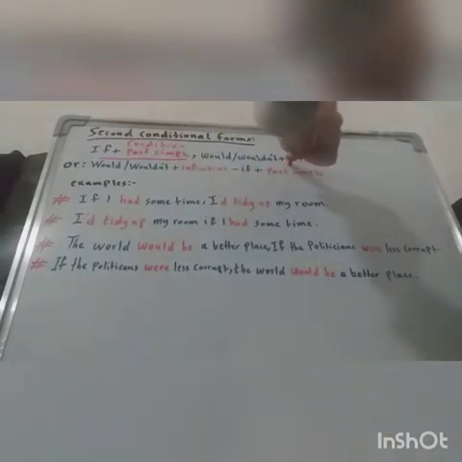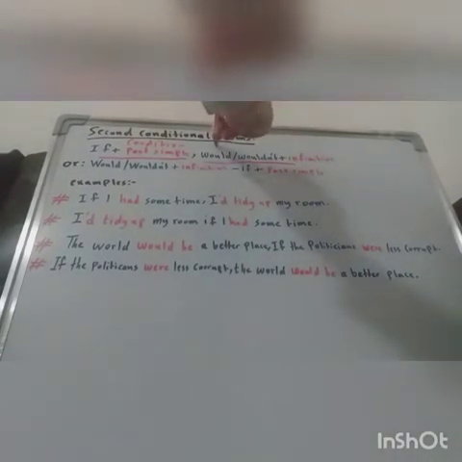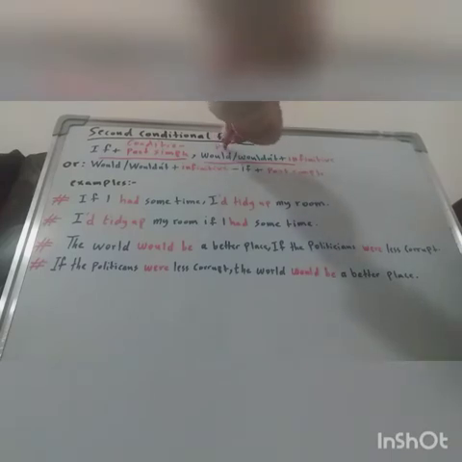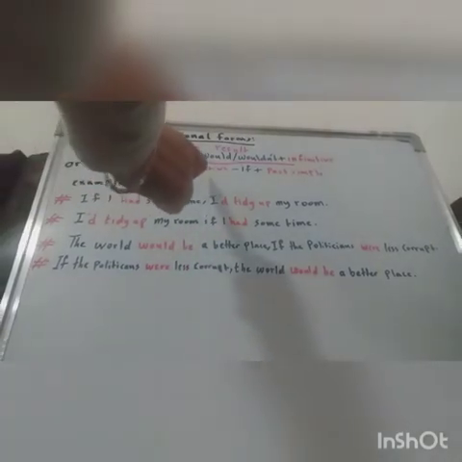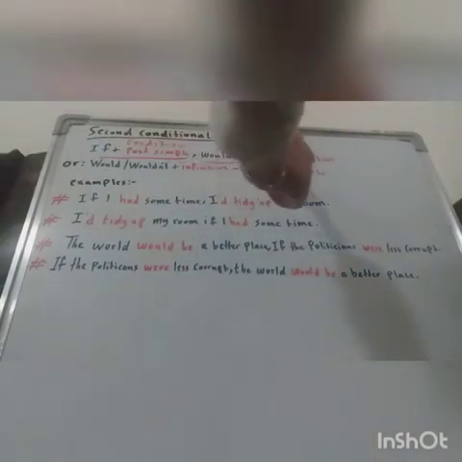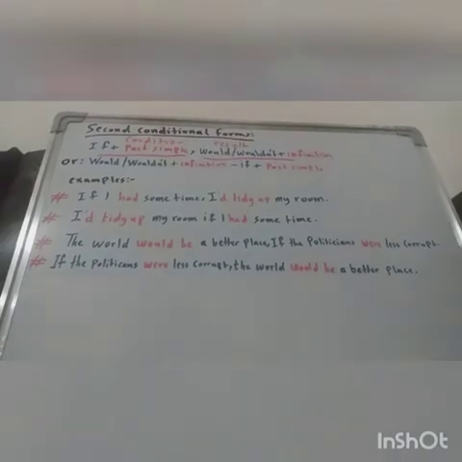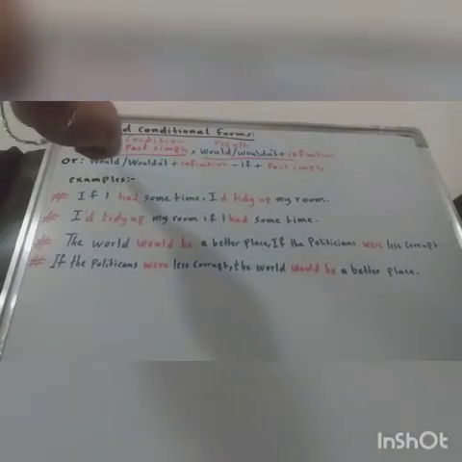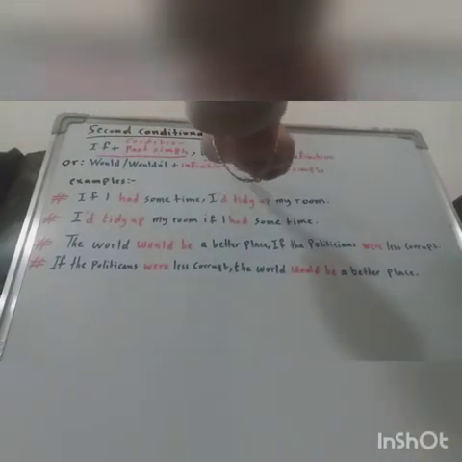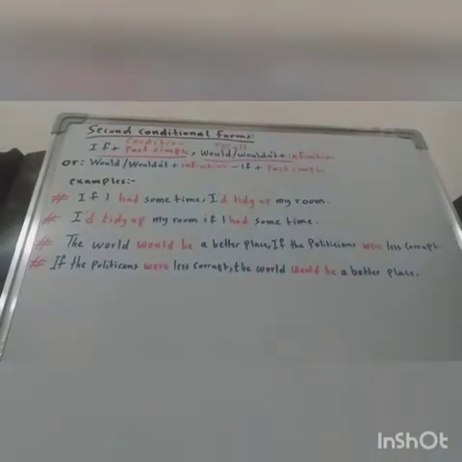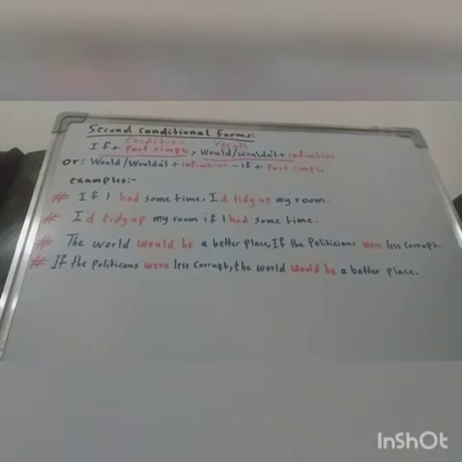And in the result clause, you use would or wouldn't. The second order: would or wouldn't plus infinitive, if plus past simple. So here we have started the order with the result clause, and then you write the condition clause.